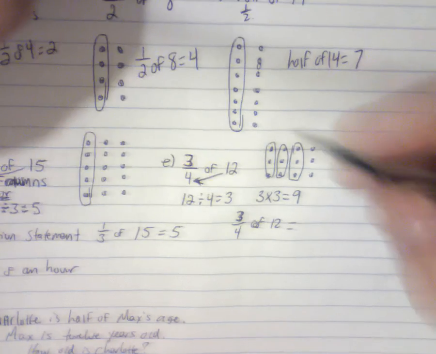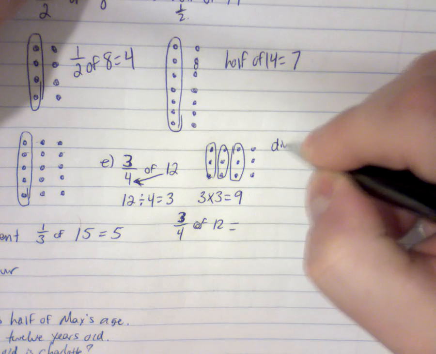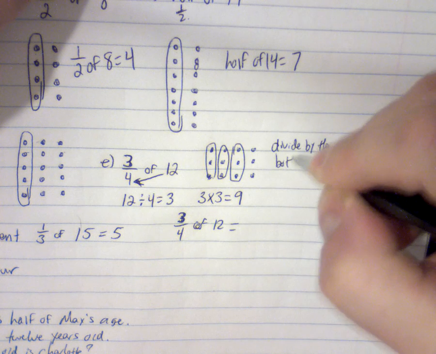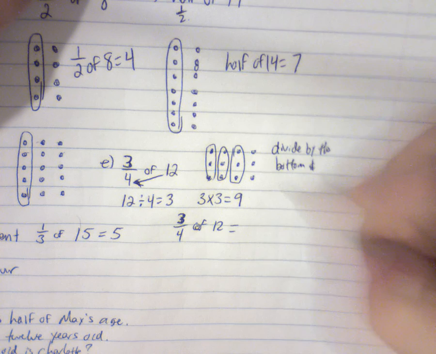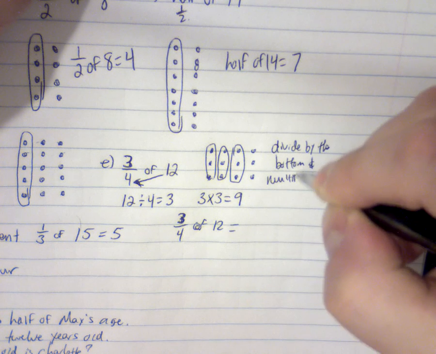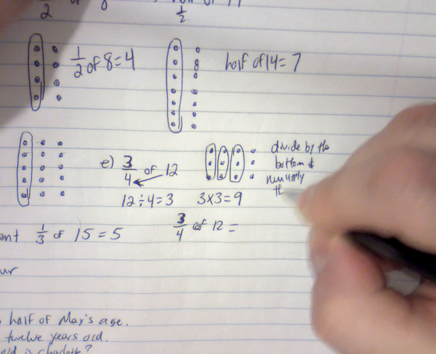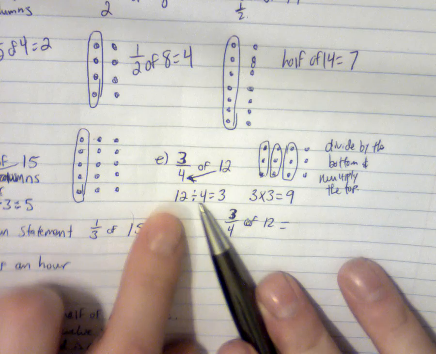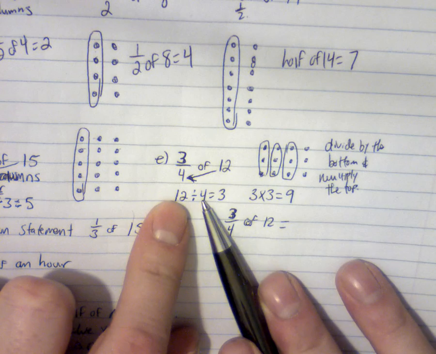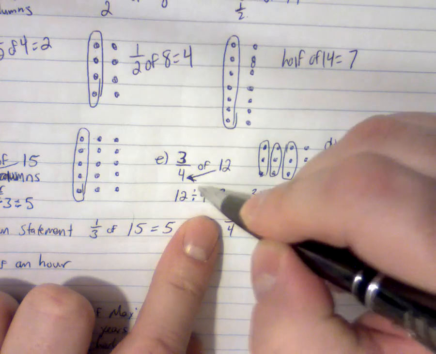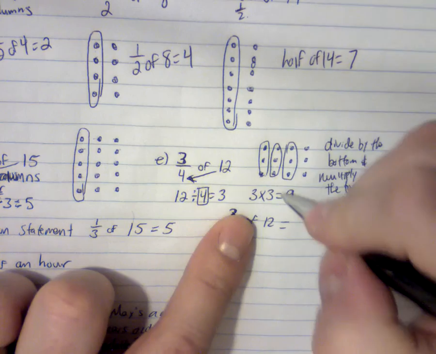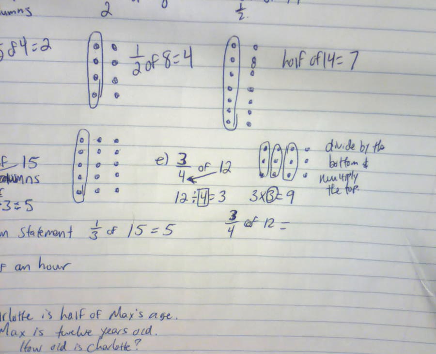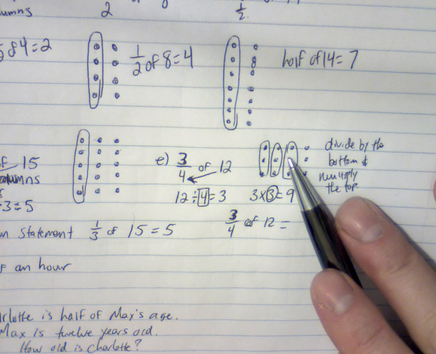So I divided by the bottom, which was 12 divided by 4. This was the bottom, right here. And then I multiplied that answer by the top. And I got 9, the exact same answer that you're going to get here.